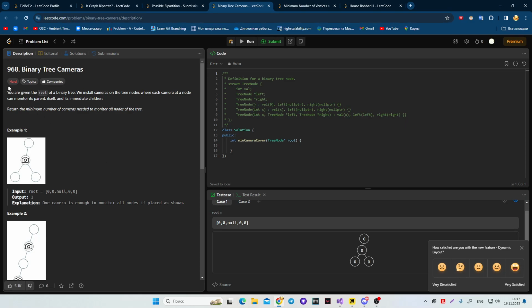I don't know why it is hard. It means two cameras on the tree nodes, where each camera node can monitor its parent, itself, and its immediate children. We are given only a binary tree. What is the problem to check?